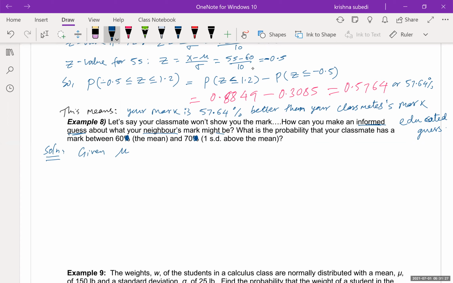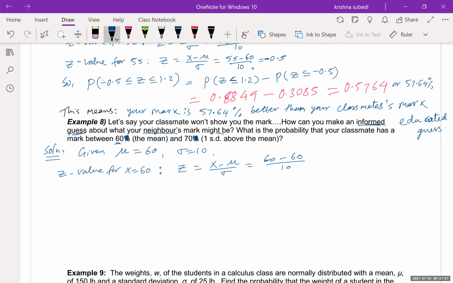Again, in this question, the mean is given as 60, the standard deviation is given as 10. And now we have a mark between 60 and 70. Let us find the Z value for 60, which is Z equals X minus mu over standard deviation, which is 60 minus 60 divided by 10.